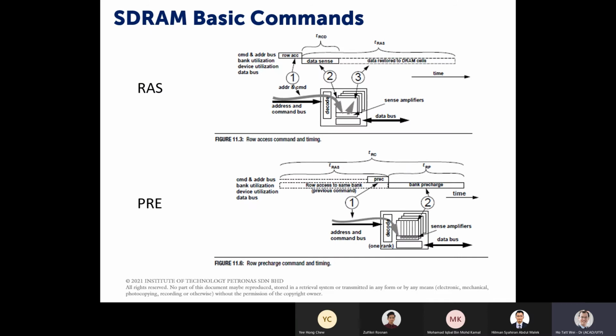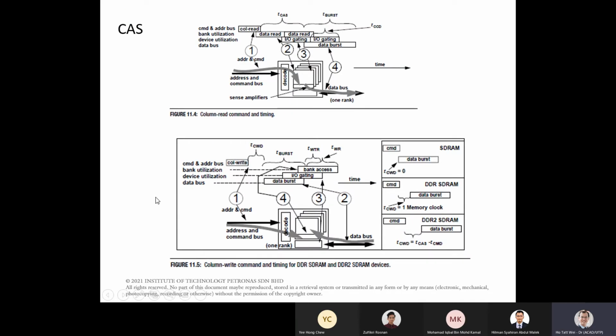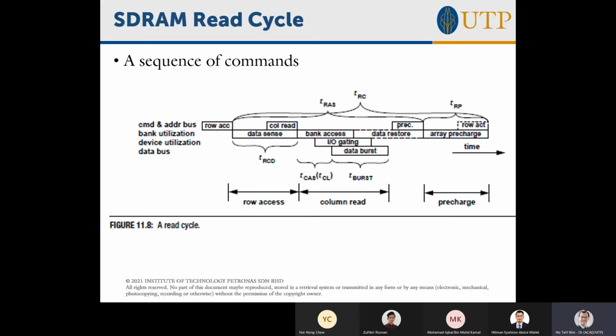Okay, so the SDRAM chip, there are just a few basic commands, and I just want to focus your attention. There are actually 3 basic commands only: row access strobe, pre-charge, column access strobe. They're just 3 basic commands, but you string together the sequence of commands in order to make a read cycle.